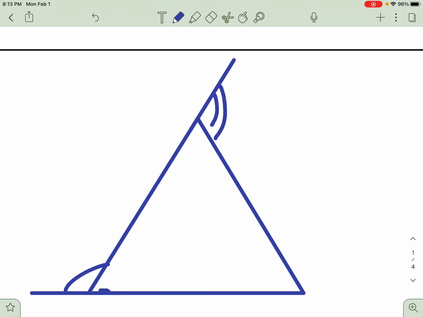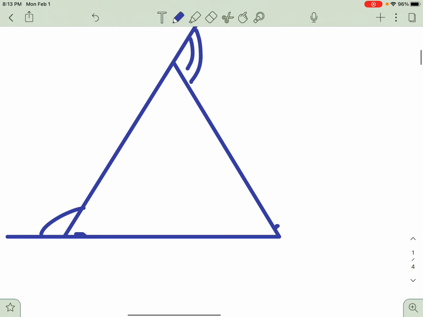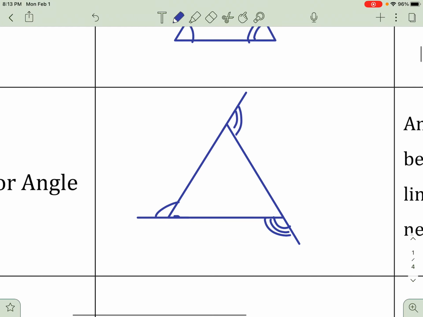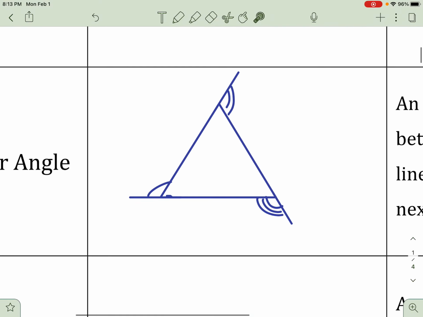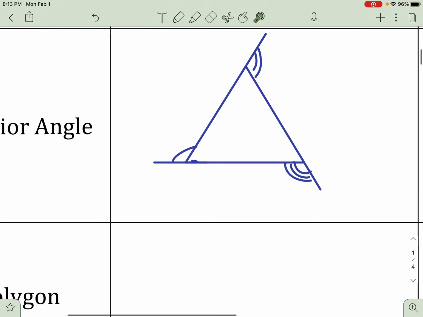And so that is on the outside. And again, when you take this line, extend it out, and that's on the outside. So those are what we call exterior angles. Okay, so if there are 3 sides, then we have 3 exterior angles, right? Just the same way that we have 3 interior angles.